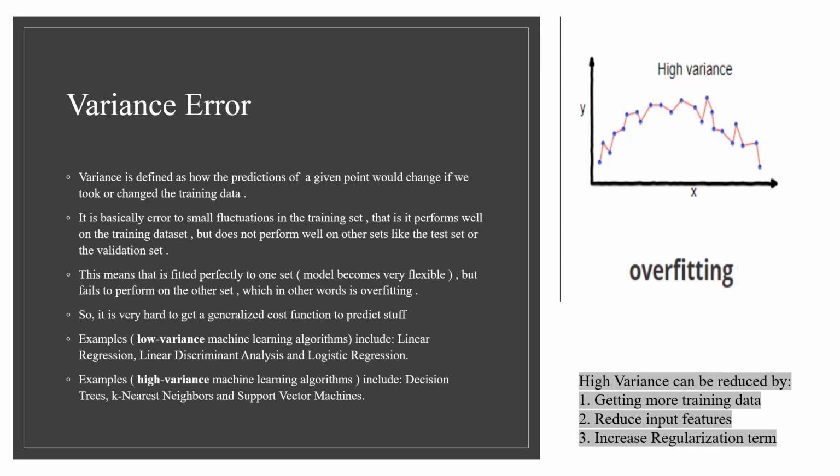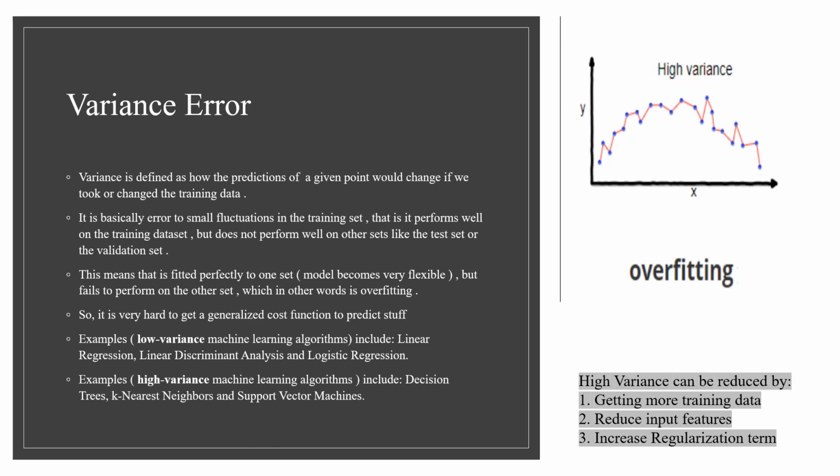What happens here is your model performs very well on your training data set, but it does not do very well on other sets. If you give the same machine learning model some other test set or validation set, it won't do well. It has fitted itself to this particular set of data points. This means it is perfectly fitted to one set.